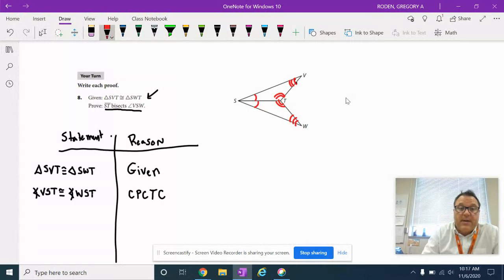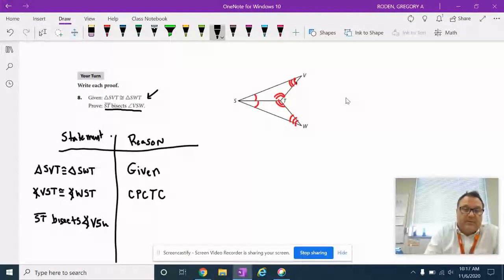All right. So now we can say that segment ST bisects angle VSW. And why can we say that is true?